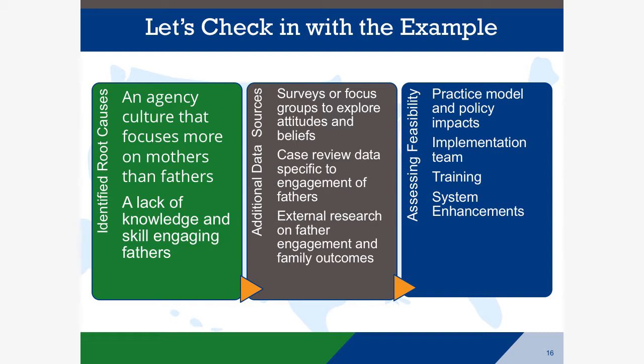They also took time to consider how feasible it would be to address each root cause and explored the supports they might need in order to address them, including updates to policies and practices, staff assignments for implementation, development of training, and improvements to technology.